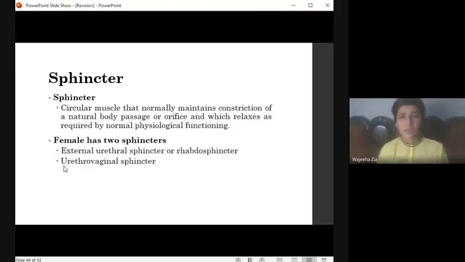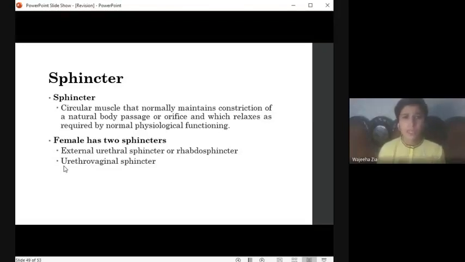In the stomach, there are different sphincters at the upper end and the lower end. When a sphincter opens, it allows the passage, and when it is closed, it doesn't allow the passage. So it remains constricted or closed, but then with the physiological function, it becomes normal and allows the passage of the food or the content or the liquid.